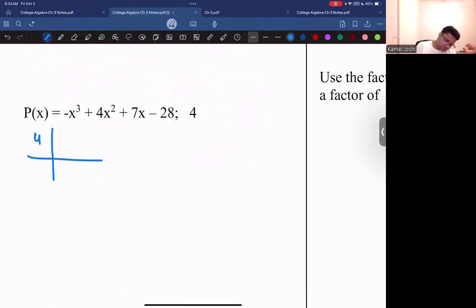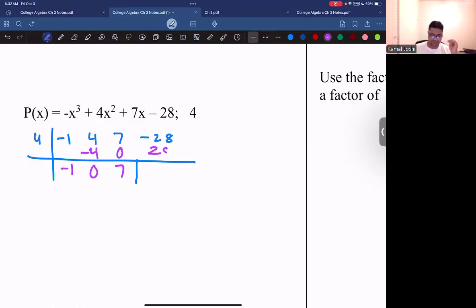4 is there, and the coefficients are minus 1, 4, 7, minus 28. You get the minus 1 down, multiply, you get minus 4, that added gives 0, you get 7 here, 4 times 7 is 28, and your result is 0.